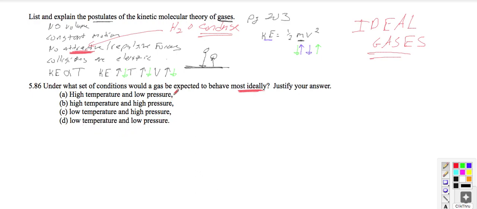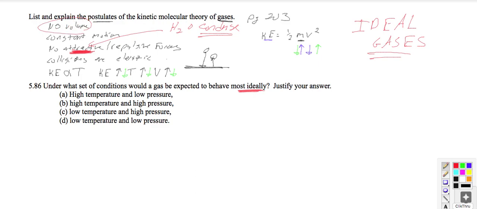We're looking for the answer here that means that these things will be the most true. And what happens is this one here, a big one here, is the attractive forces and also the collisions. We want to keep those collisions from happening and also show no volume.